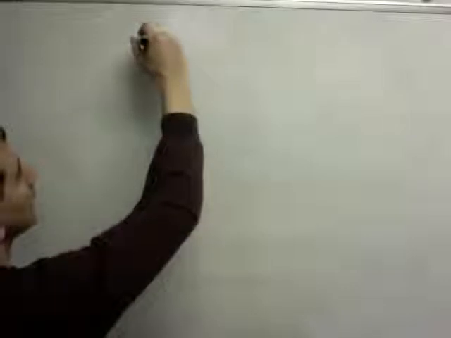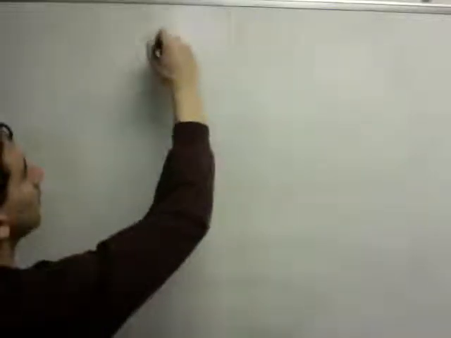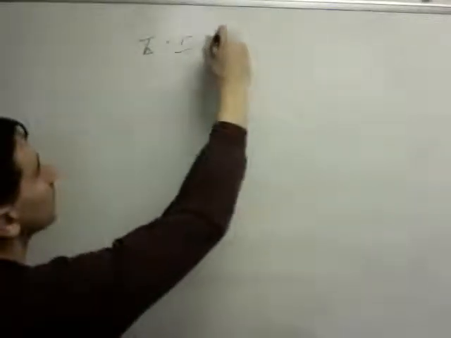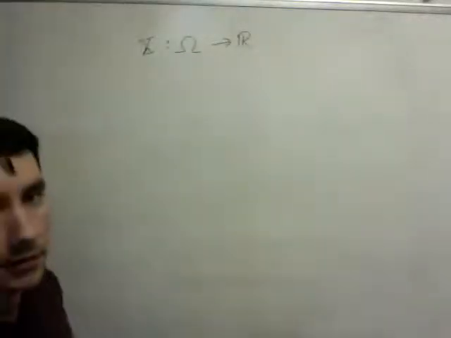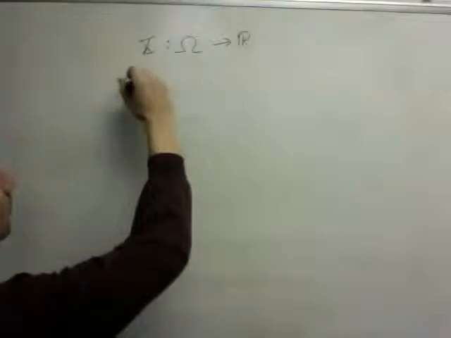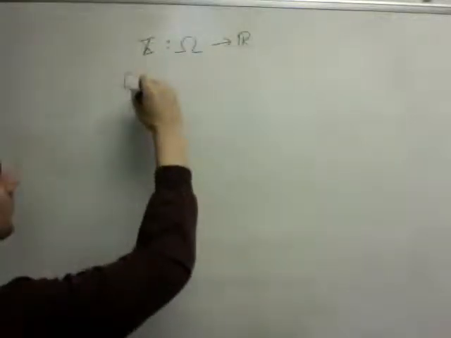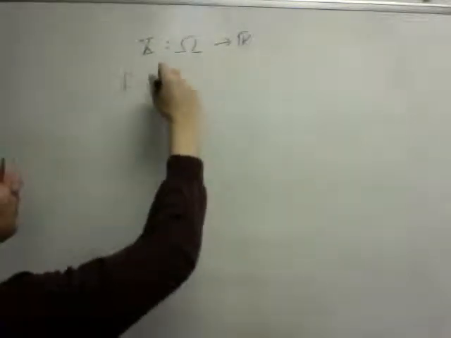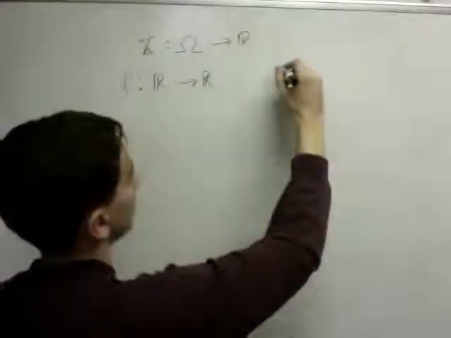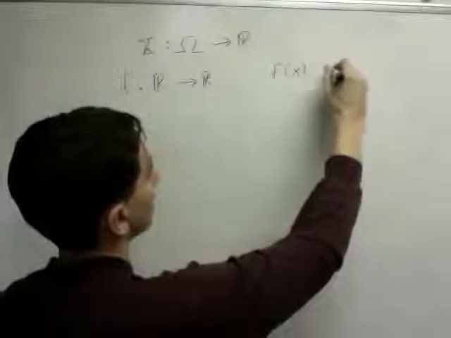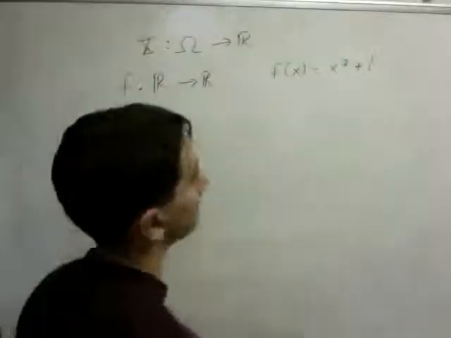So remember that x is a random variable. It just means that x maps from omega to the real numbers. But you guys are familiar with functions, regular functions, from algebra and calculus and all that. It just goes from R to R. So an example of this may be like f of x equals x squared plus 1 or something.